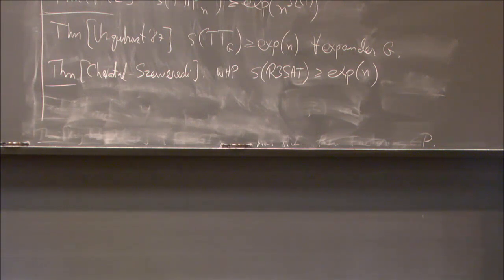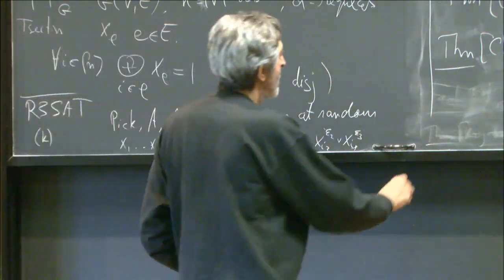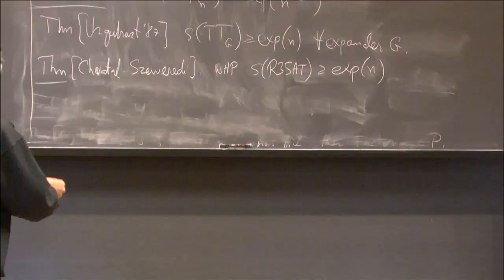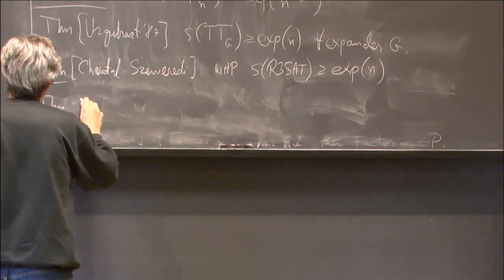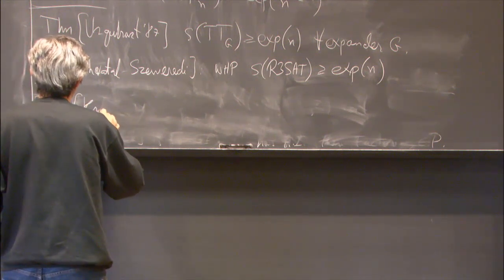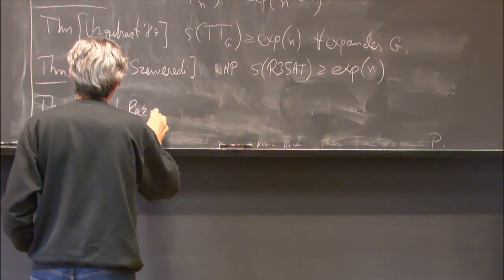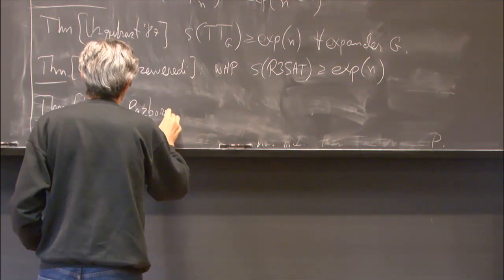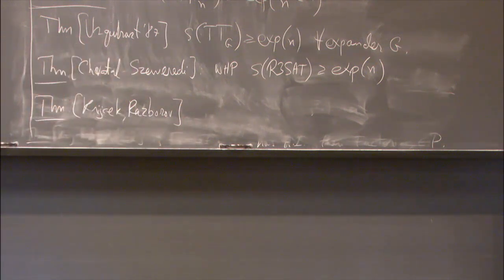Now, the last contradiction or tautology that I want to mention, I mentioned it already last time, so I won't write it down. I guess this follows from Krajíček and also Razborov, although I'm not sure who wrote this first.